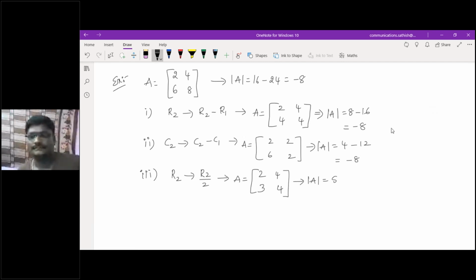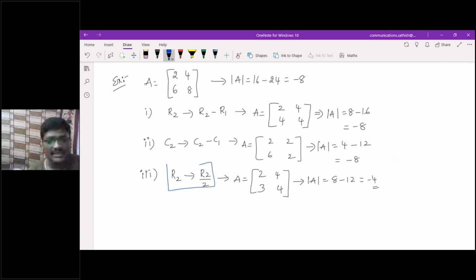Then what's the determinant for this? Are you able to follow me? What will you get here? 2 times 4 is 8, minus 3 times 4 is 12, which is minus 4.